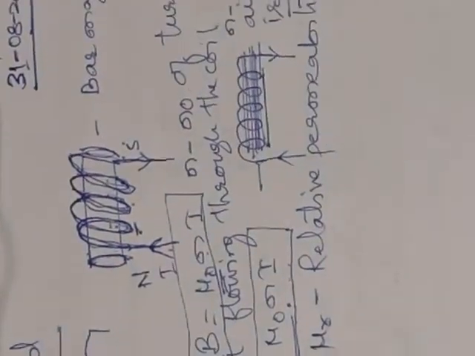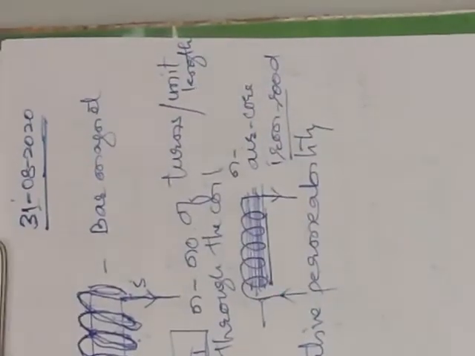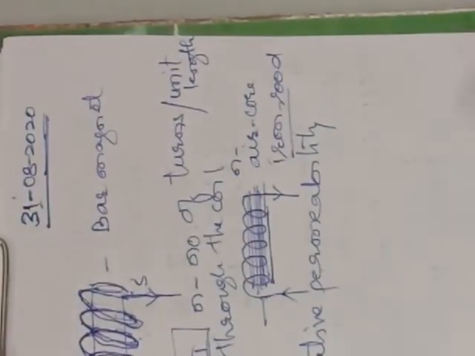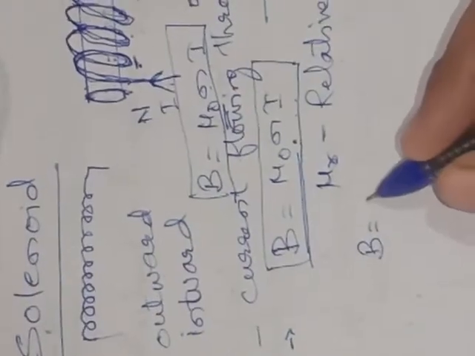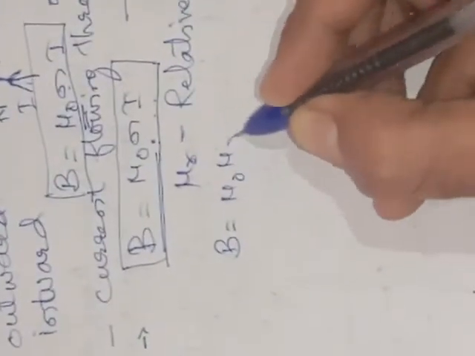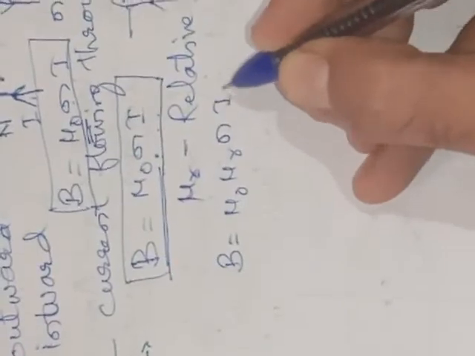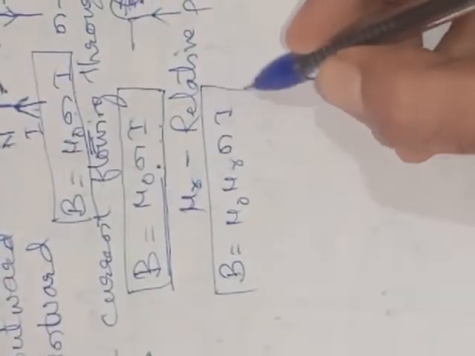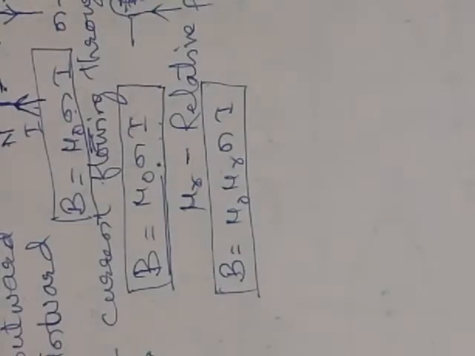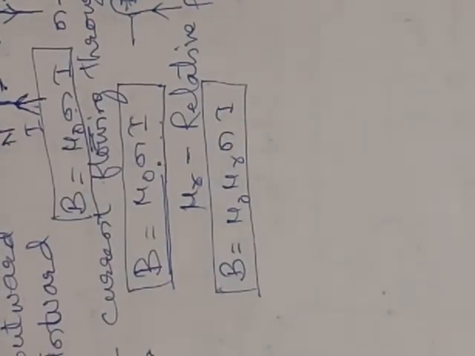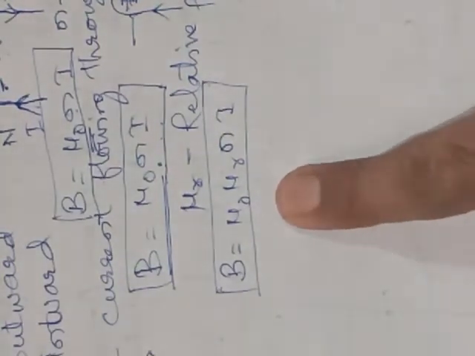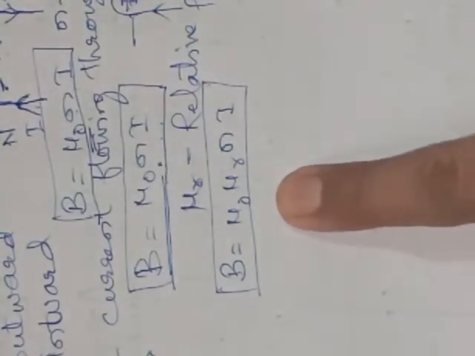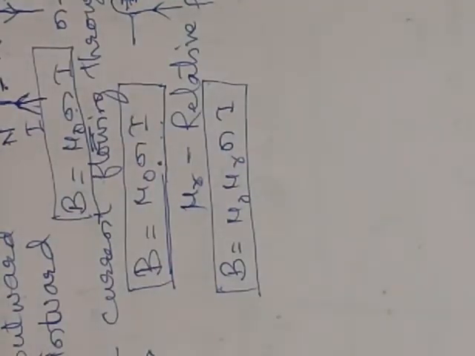Mu r is the relative permeability. So the magnetic field inside this solenoid will be given by B is equal to mu naught mu r N I. This is another formula for the magnetic field due to a solenoid when an iron core is present in it.